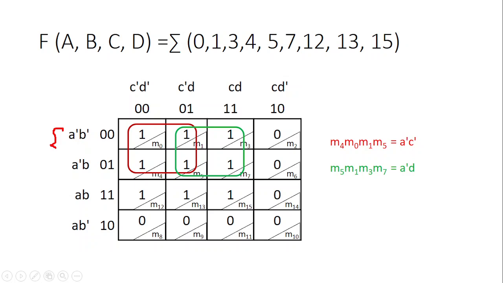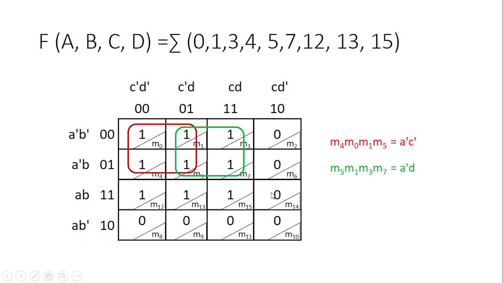Among these two, what is remaining constant is A bar. So you write A bar. Now coming to this part, which one is changing? Among these two, you notice that C is changing to C bar, but D remains same. So you write it as D. So you got it.